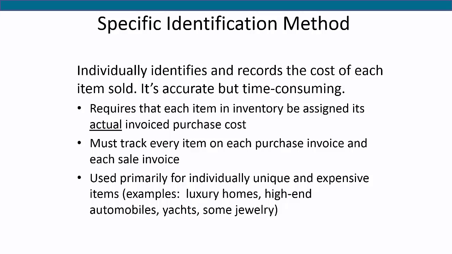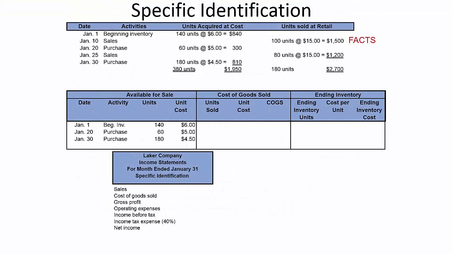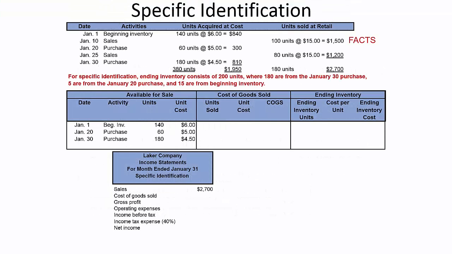Companies who use specific identification include Toll Brothers, the country's leading builder of luxury homes. It also includes CarMax, a national auto dealership, and Boeing, a leading manufacturer of military and civilian aircraft. As I noted previously, specific identification is the easiest of the methods to understand conceptually because when we sell an inventory item, we sell it at its original invoice cost.